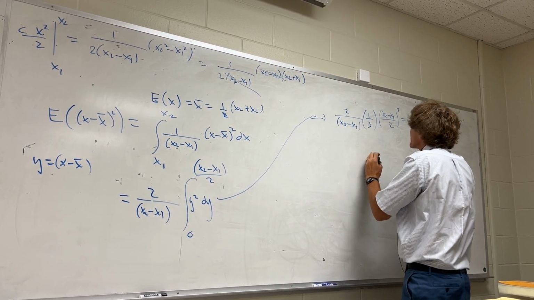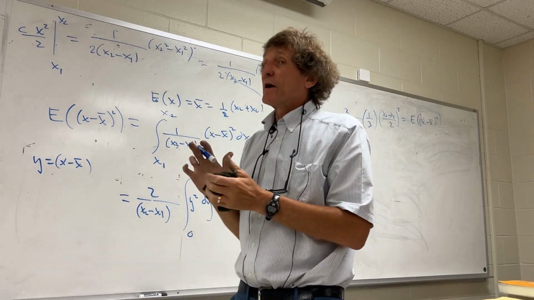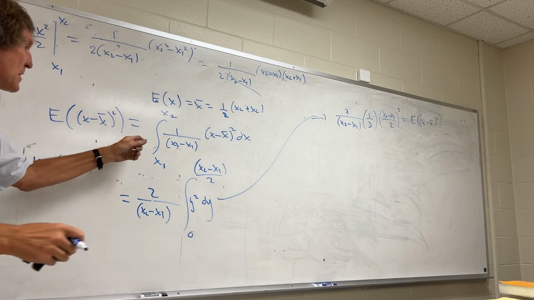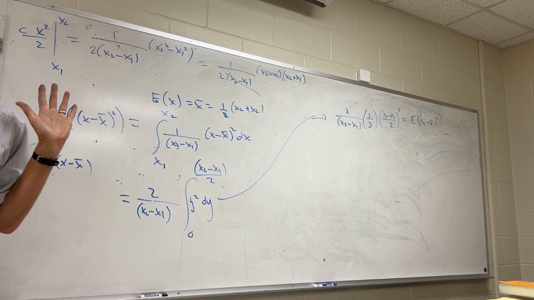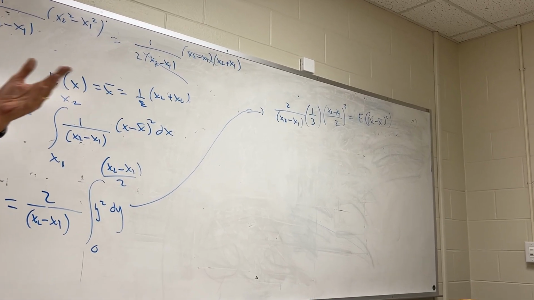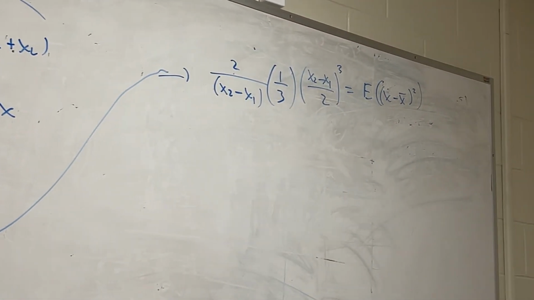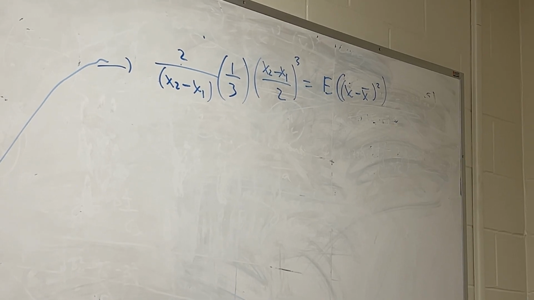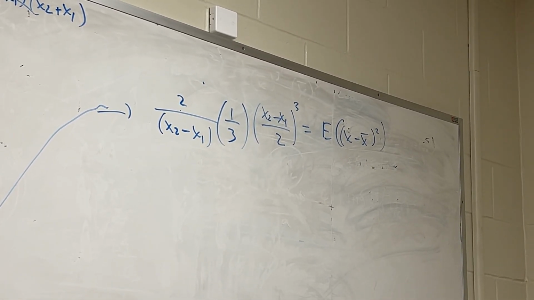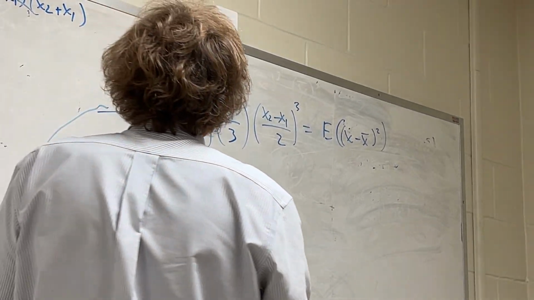I want you to just focus on what I've done. The only thing you have to do is evaluate this integral any way you want to. You could do it numerically if you had actual values of x1, x2, and x bar, or you can do it symbolically. And if you do it symbolically, you'll notice this is what you get.